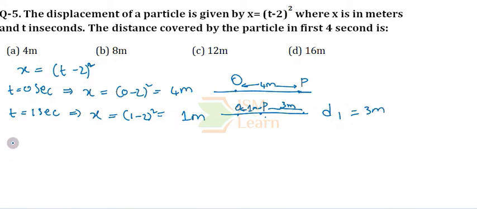Now when we move further, at t equals 2 seconds, the position of the particle is 2 minus 2 whole squared, that is nothing but 0 meters.